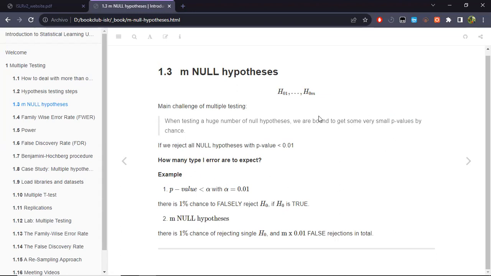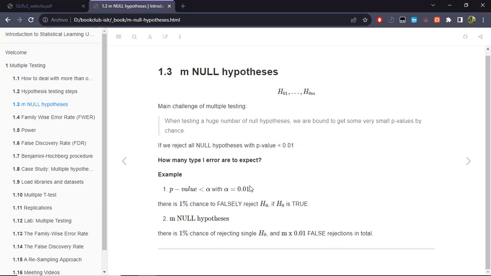And in that sense, there is the following problem, because in the case of only one hypothesis test, we had the idea that a small p-value was already good enough for rejecting the null hypothesis. However, if we can get a small p-value by chance, then are we not getting away with rejecting the null hypothesis for free?